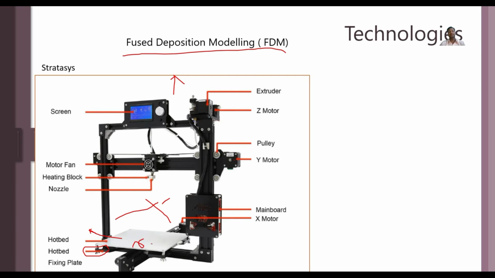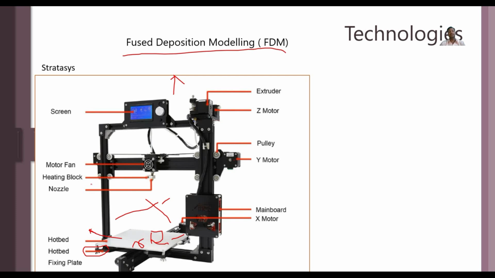Once it is printed, we remove the build layer from the hot bed and use a sharp edged knife to remove the built part from the bed area.